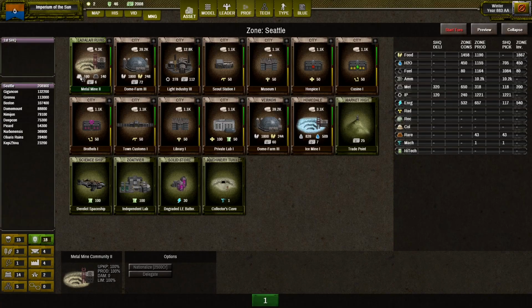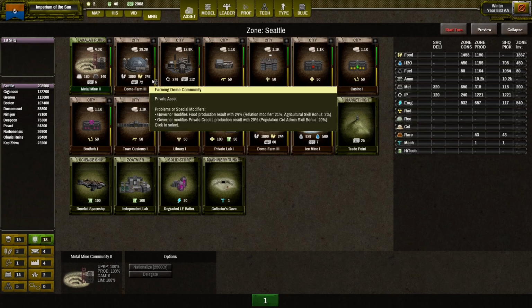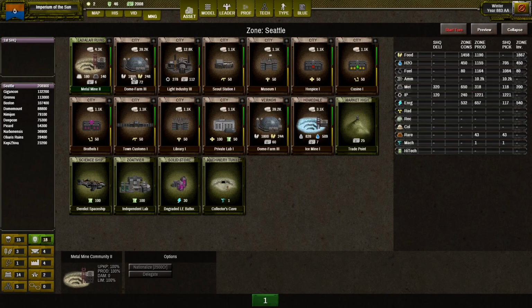So you should notice that part of the production is private, and that's why the private economy can sell this metal to traders and get money and income, and part is paid to you and you store it in the SHQ. Also, there are some credits generated as direct income of the private economy. In the case of food production, most of the food is consumed by the population or sold to traders, but some small amount is also given to you.